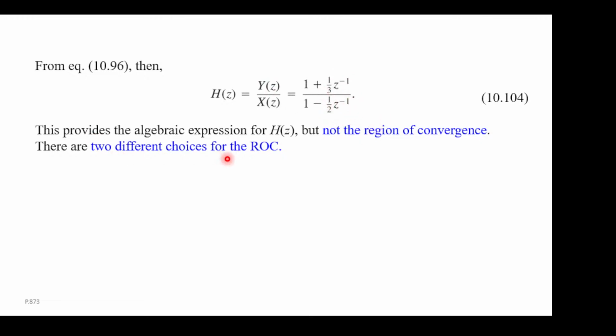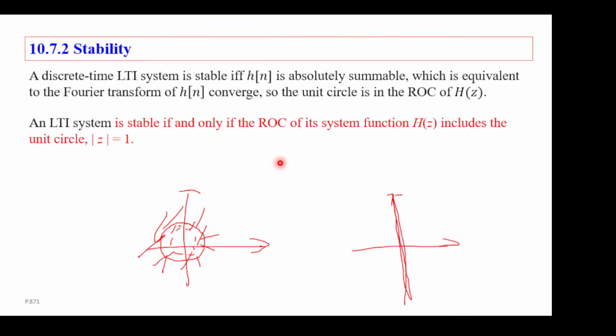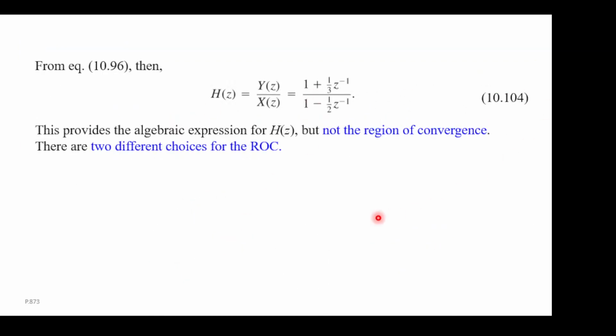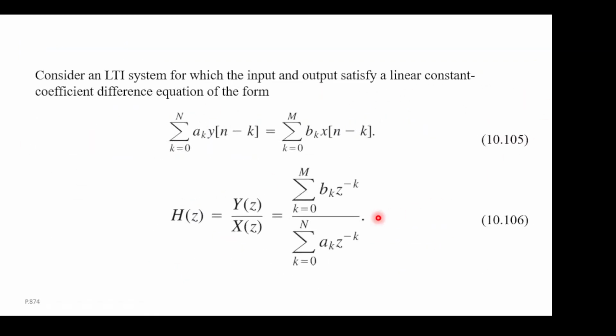But just like in Laplace transform, this is incomplete because this only tells you the algebraic part of the Z transform. You also need other conditions to find the ROC. For example, maybe you have initial rest, then you know you are causal and you need to pick the rightmost ROC, etc. And finally, this is the general expression for solving a difference equation.